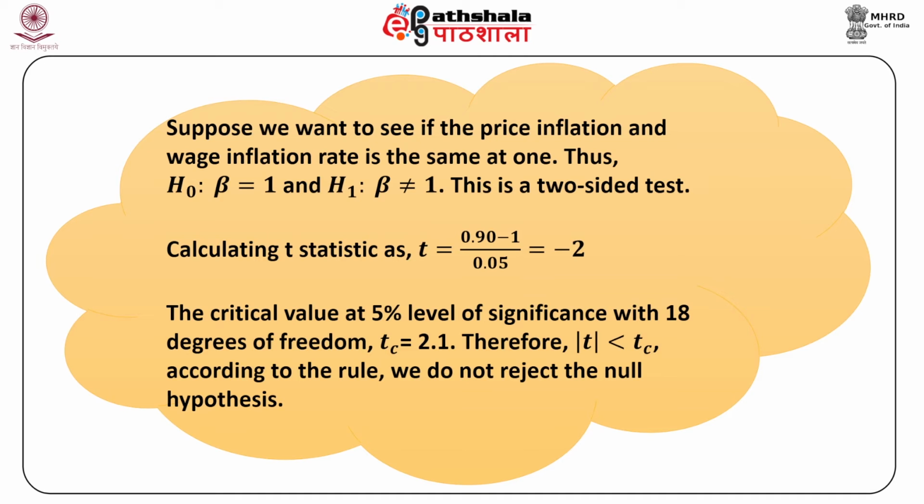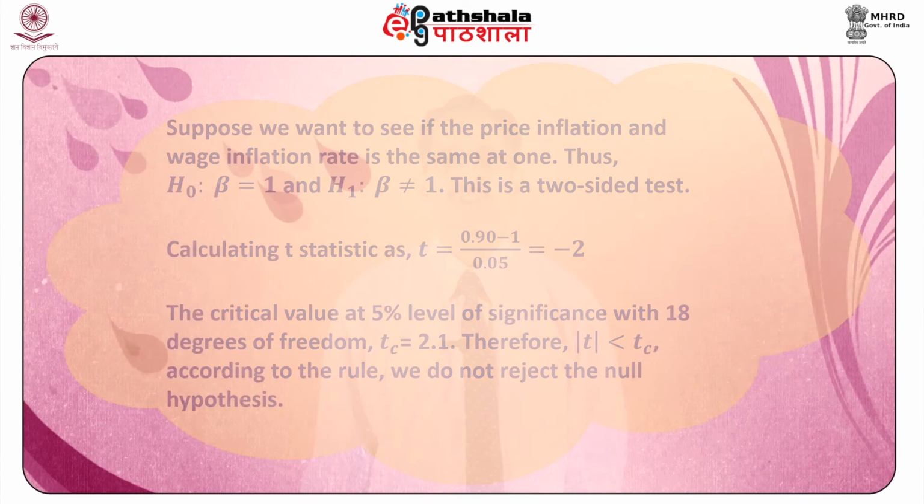Now calculating the t statistic, t equals 0.90 minus 1 upon 0.05, which comes out to be minus 2. The critical value at 5% level of significance with 18 degrees of freedom, Tc, is equal to 2.1. Therefore, you find that modulus T is less than Tc. Now, according to the rule, we do not reject the null hypothesis in this case.